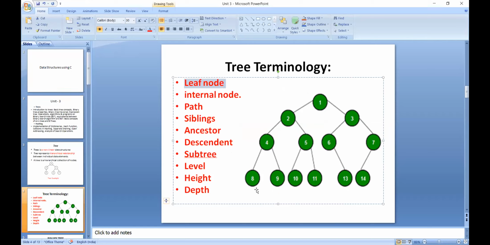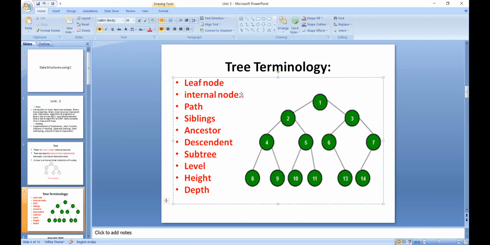All other nodes apart from this level have some nodes. When you take 1, it has children 2, 3. When you take 3, it has 2 children called 6 and 7. So what is a leaf node? A node which does not have any subtree or any child. That is called a leaf node.